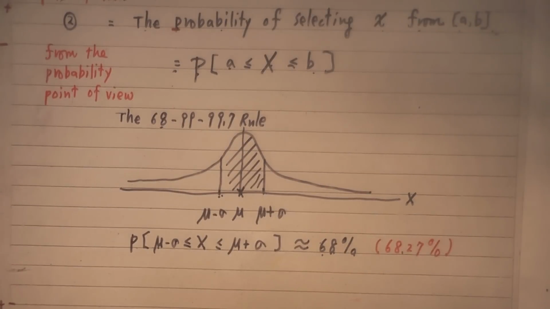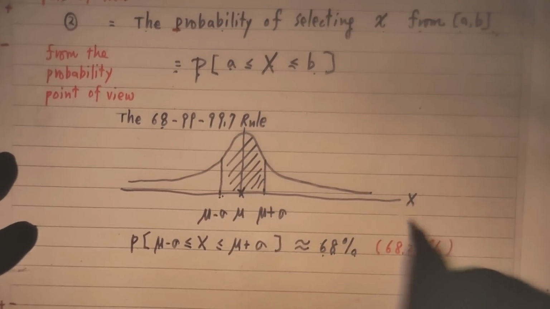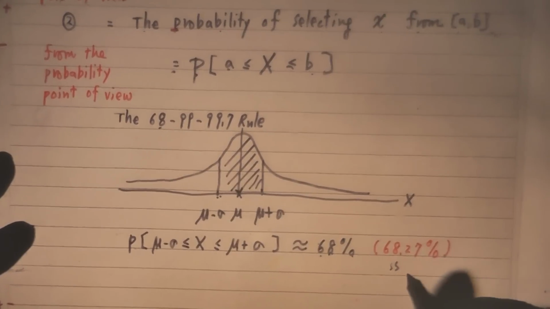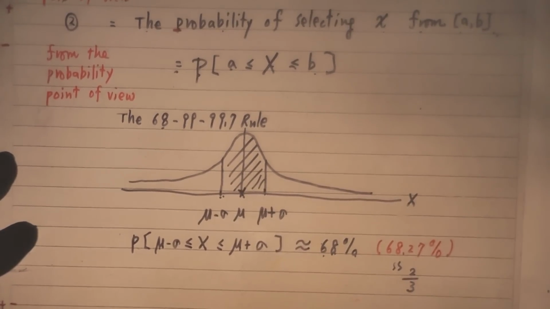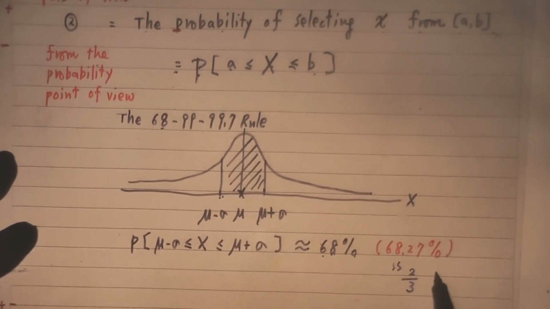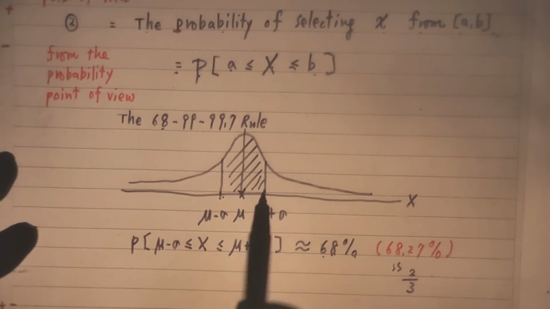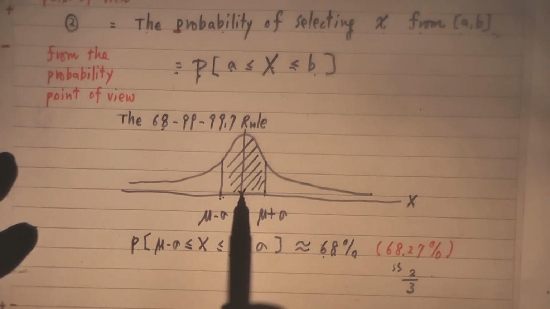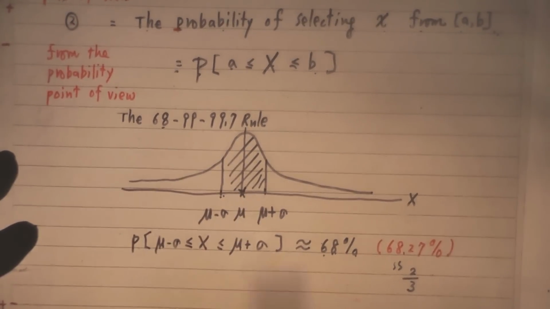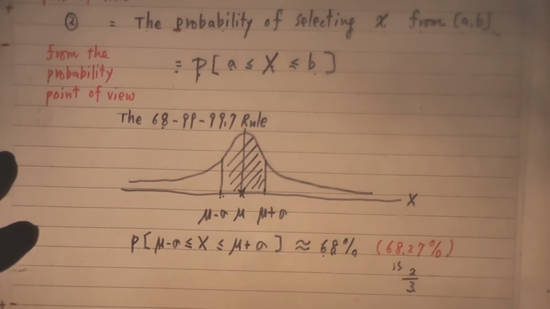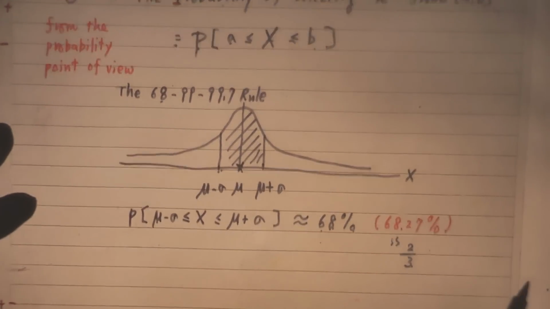And also, 68% is very close to 2/3. That's why you hear people say, within 1 sigma around the center mu, cover about 2/3 of observations.